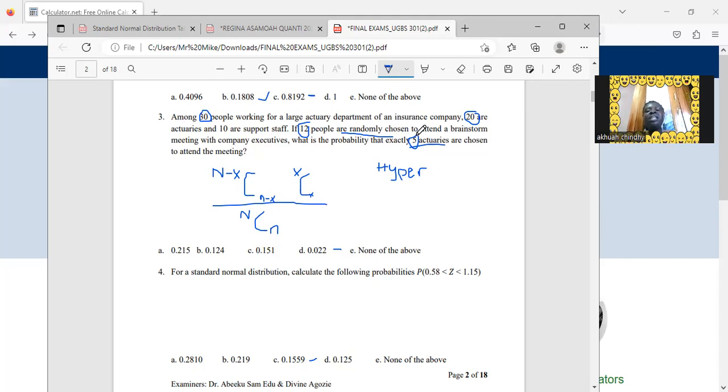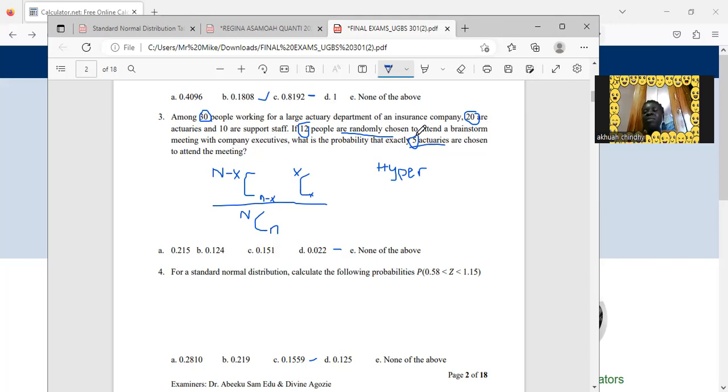Then the question is saying, what is the probability that we select exactly 5 actuaries? So now our goal in picking these 12 people, we are hoping to get 5 of them being actuaries. So now our small x is the 5.